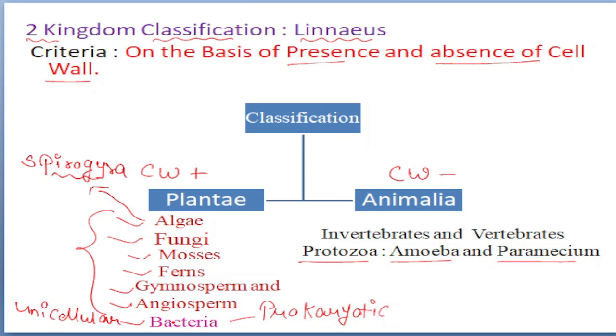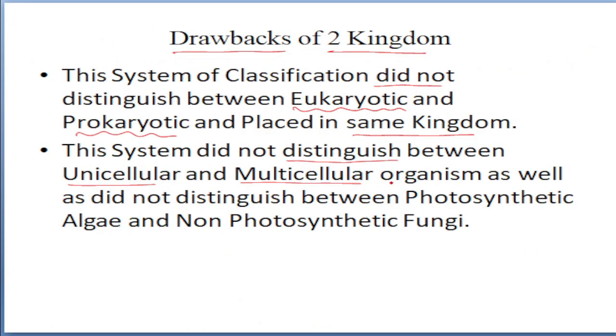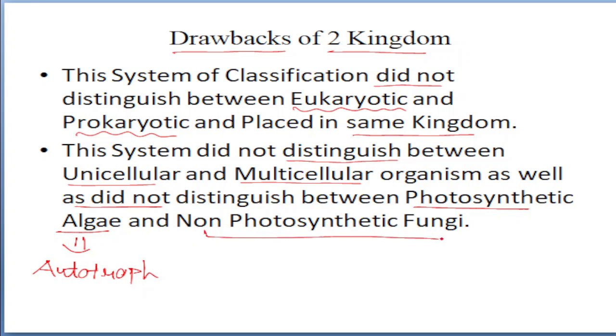So this was the drawback. Further, it did not distinguish between photosynthetic algae, which means an autotroph, and non-photosynthetic fungi, that means a heterotroph. So these were the drawbacks in the two kingdom classification.